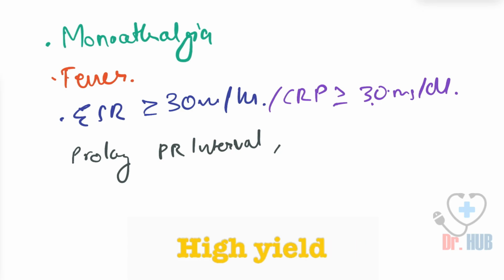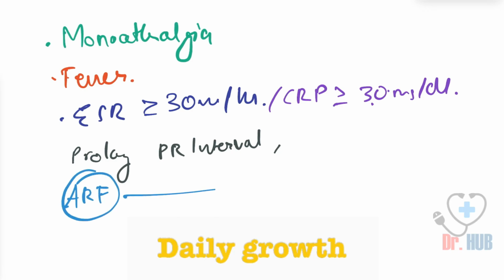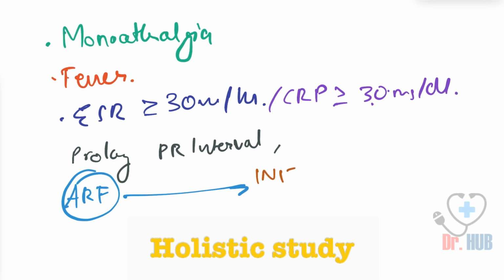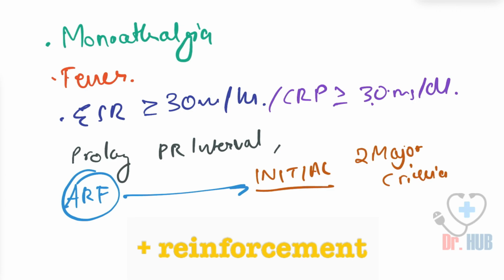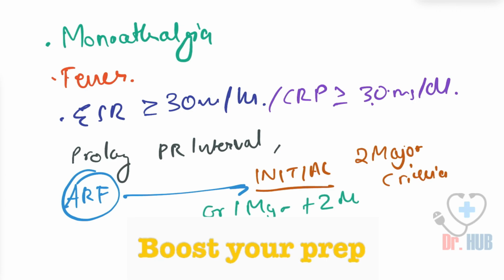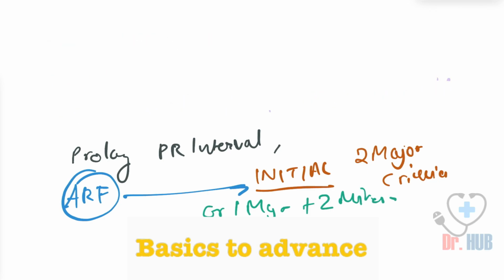So, how do we diagnose acute rheumatic fever? To diagnose an initial ARF, we need two major criteria, or one major plus two minor criteria. Then we look at the recurrent.